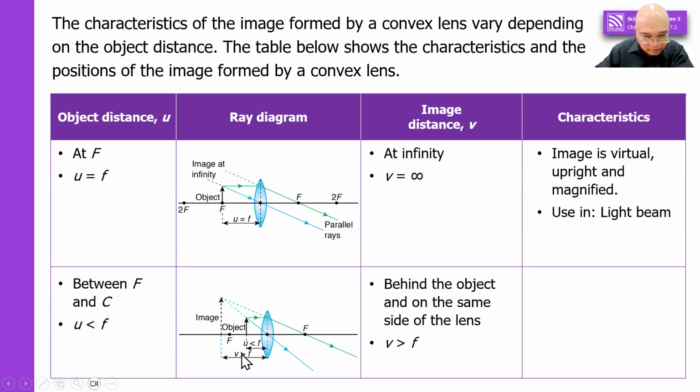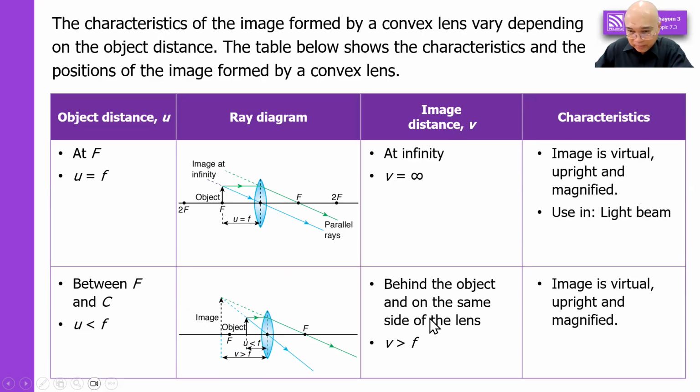The image distance, which is V, is right here. Okay. V and the F. Yes. Right here. Now the image is virtual in this case and magnified. Used in magnifying glasses.